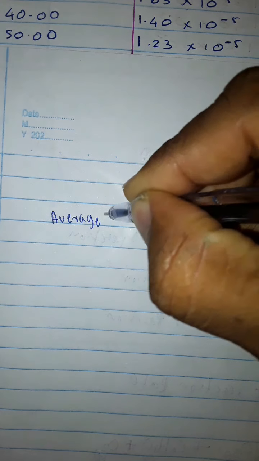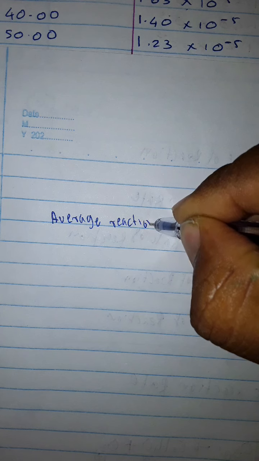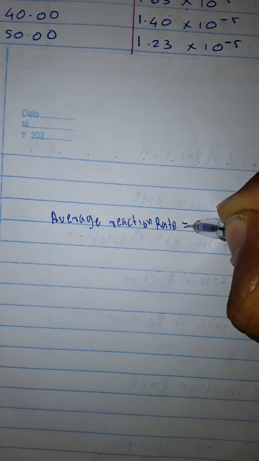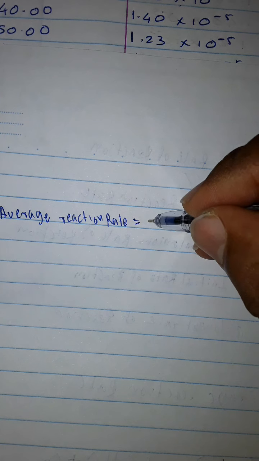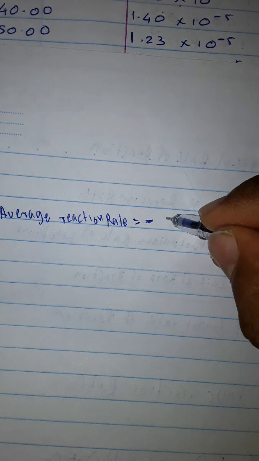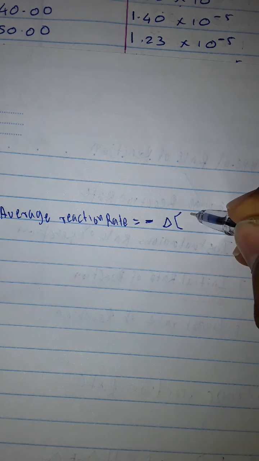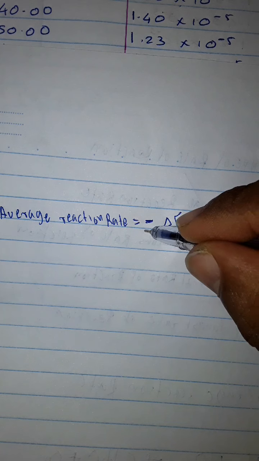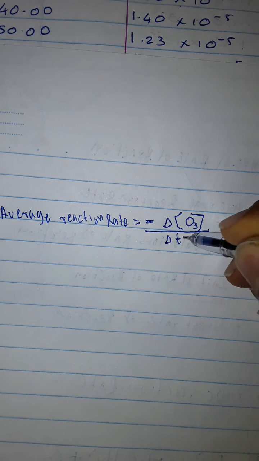Average reaction rate is equal to, with respect to ozone there should be a minus sign, the decrease of ozone concentration, the change of ozone concentration divided by the change of time.